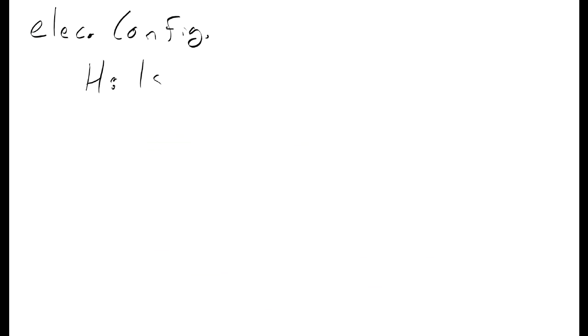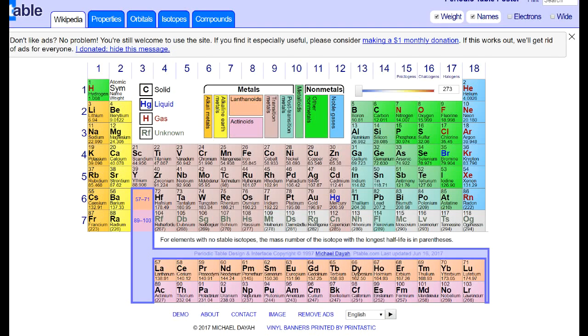Hydrogen is 1s1. Okay, that shows you all of the electrons present in hydrogen. It's one electron. Okay, sodium. Okay, we start with 1s. We're going to end down here at 3s1.